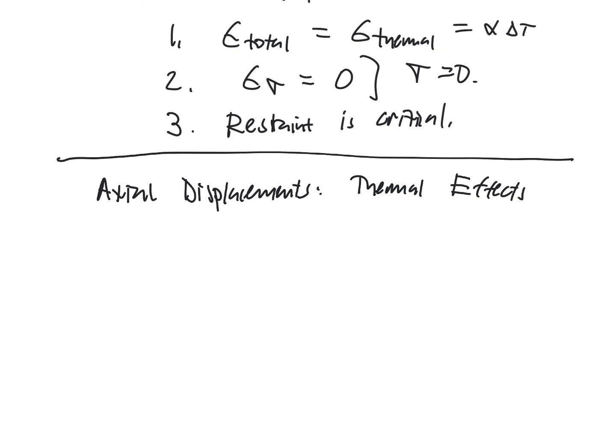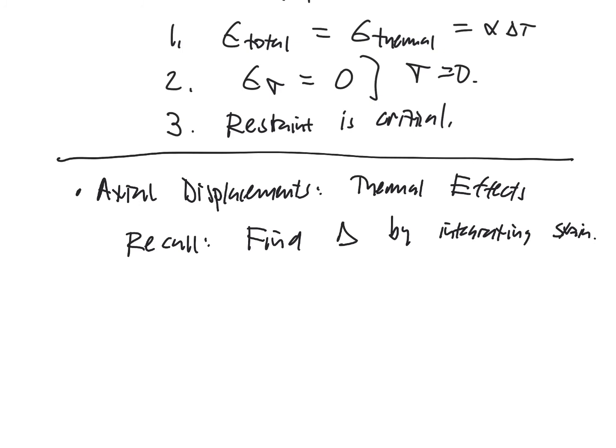Now remember that earlier, the way that we got the axial displacement was to integrate the strain. So recall, we find the delta for the axially loaded bar by integrating the strain.